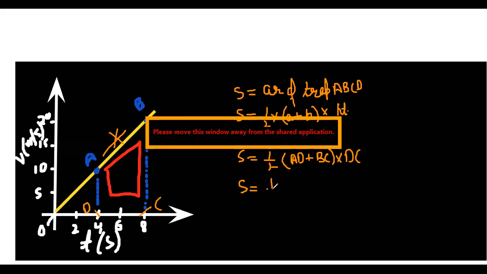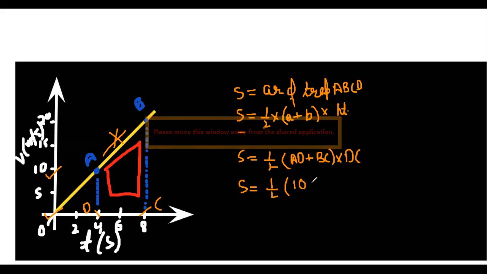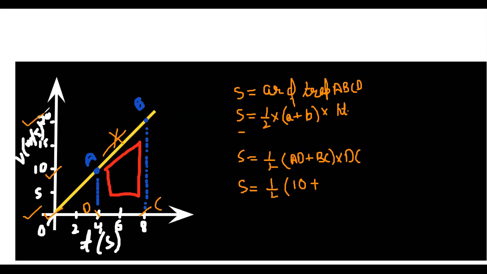Okay, so put the values: half into AD. AD starts from 0 and goes till 10, so it is 10 minus 0, 10. Plus BC. BC starts from 0 and goes till 20, so that is 20 minus 0, 20. Multiply by DC. DC starts from 4 and goes till 8, so it is 8 minus 4, that is 4.